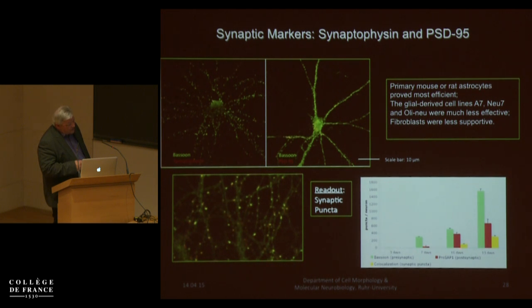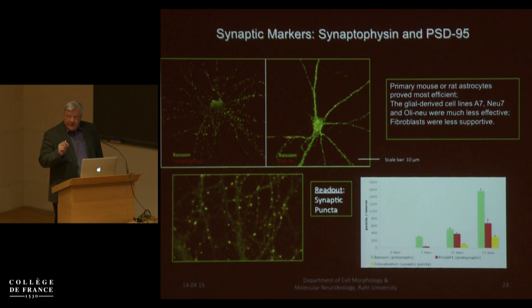And as you can see here, after 10 days, we see the first evidence for structural synapses in rat hippocampal neurons. And this corresponds nicely to what has been published in the literature with regard to this point. And we see, of course, a nice set of overlapping puncta here after about 2 weeks.